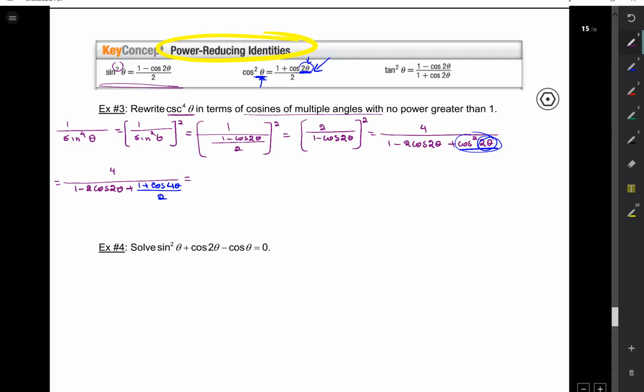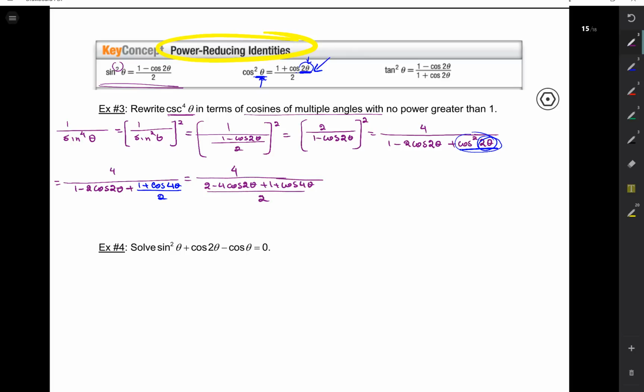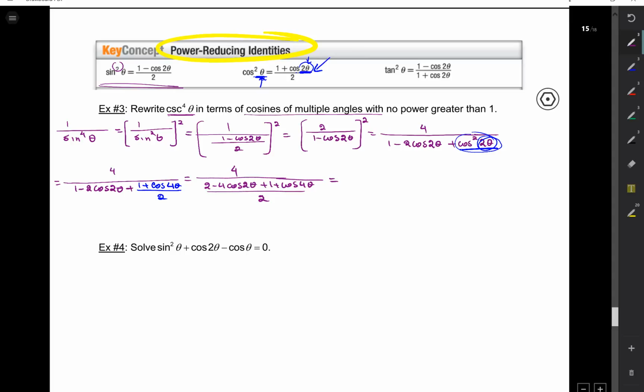Okay, we have to do a common denominator on the bottom here. Multiply everything by 2, so I get 2 minus 4 cosine 2 theta plus 1 plus cosine 4 theta, all over 2. Now, what can I do here? We reciprocal, right?